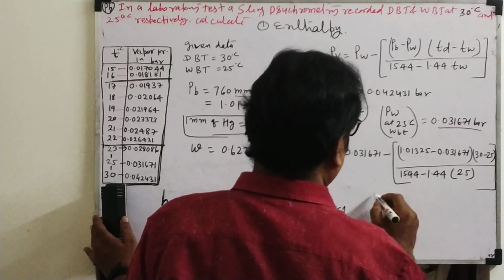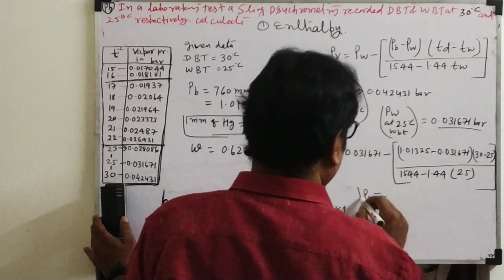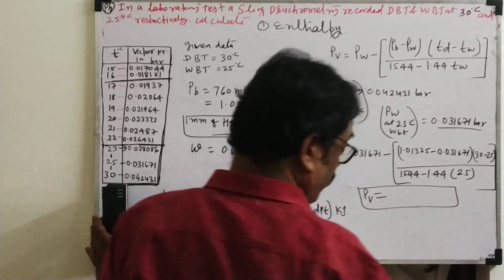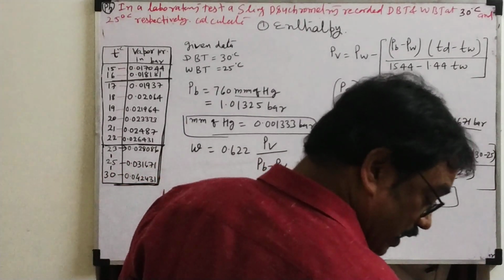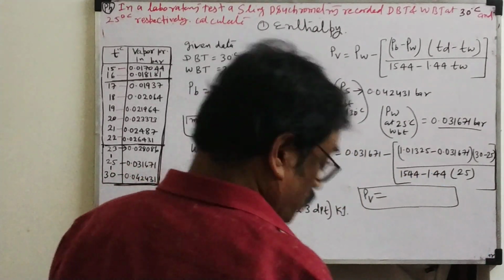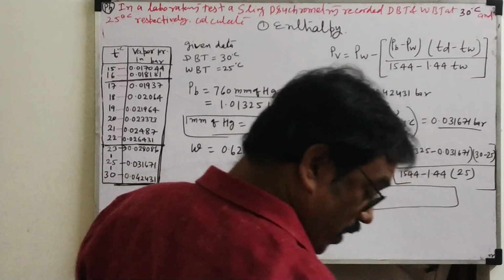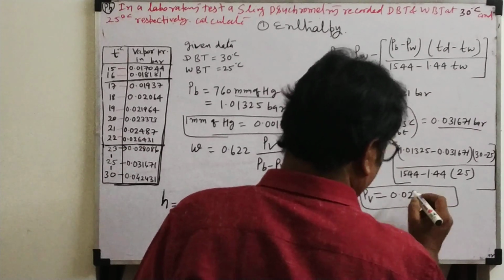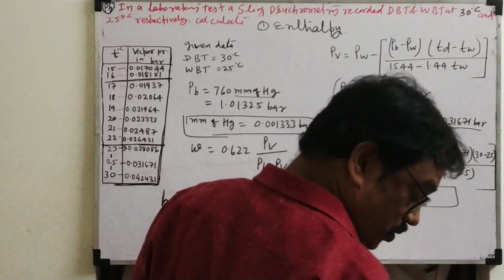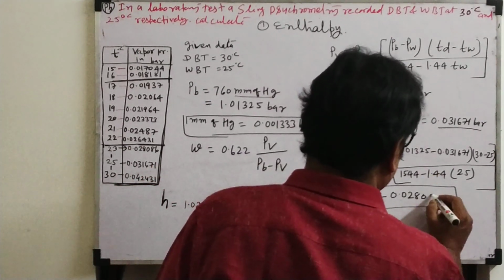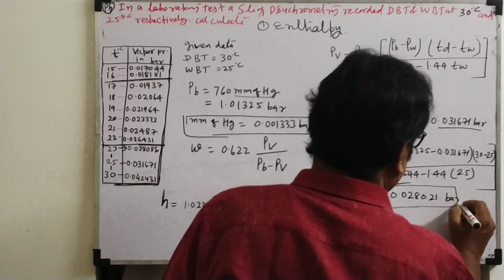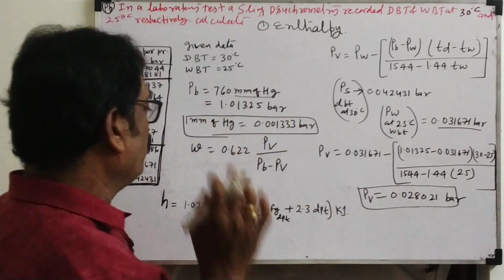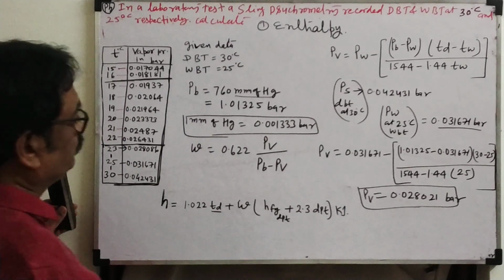If we calculate this, we get the PV value: 0.028021 bar. This is the partial pressure of water vapor, which I now know.